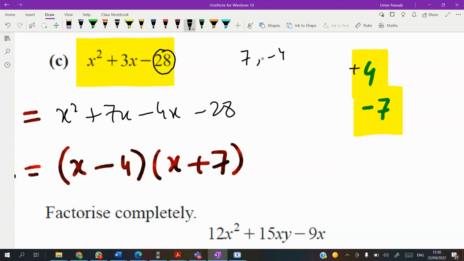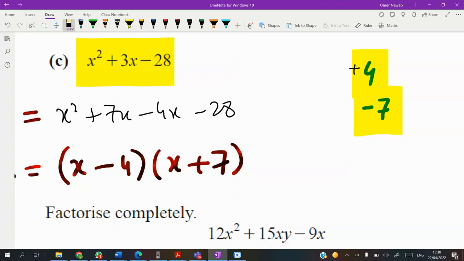Look at that. 7 and minus 4, if we multiply them, guys, we get minus 28. And if we add them, 7 minus 4, we get 3.